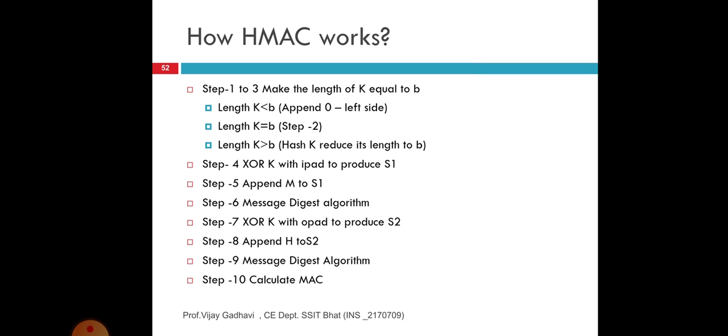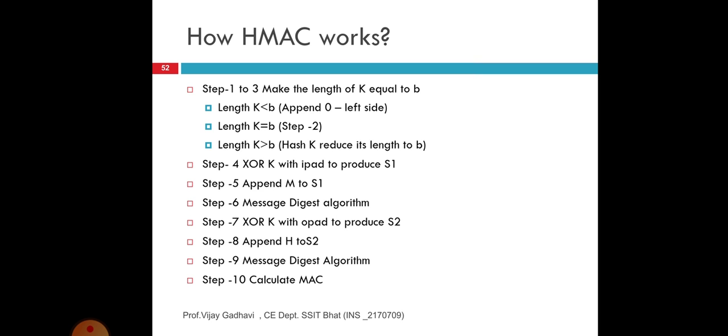In the second, the length of K is equal to b, and in the third, the length of K is greater than b. In the second case, if the condition K equals b is satisfied, then we go to step 4. In the third condition, when the length of K is greater than b, then we hash K to reduce its length to b.